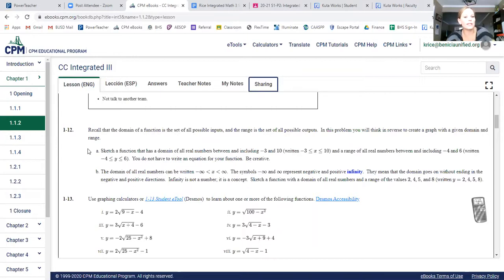So on A, it's sketch a function that has a domain of all real numbers between and including -3 and 10, written as -3 ≤ x ≤ 10, and a range of all real numbers between and including -4 and 6. You can see how that's written there. We don't have to write an equation for our function, so they want us to be creative.